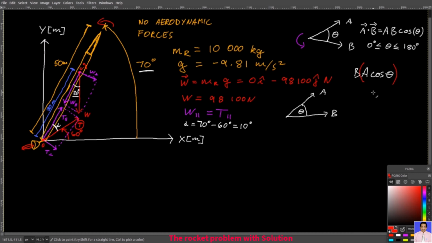Essentially, in this parenthesis I have obtained the component of the vector A that is parallel to the vector B, and then I only end up multiplying this vector B by the component of A that is parallel to B. So I end up multiplying two arrows in the same direction: the white arrow, which is B, and the red arrow, which is the component of A parallel to B. So essentially I have A parallel times B.